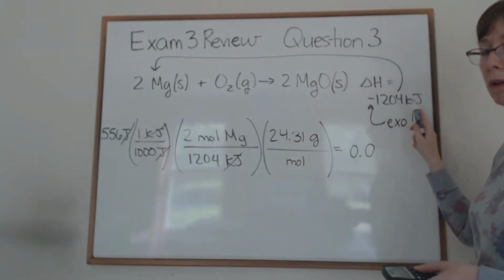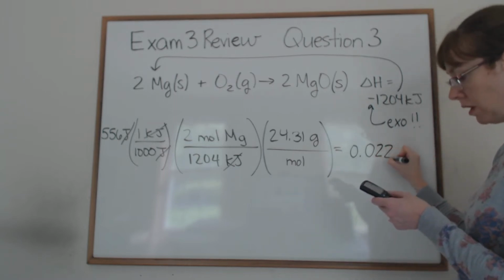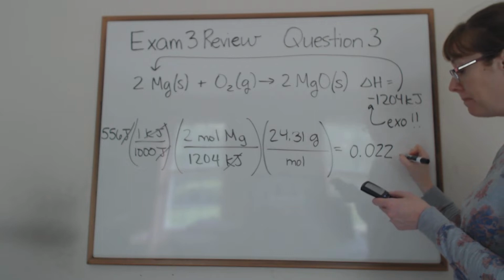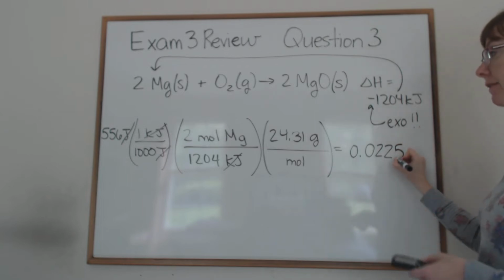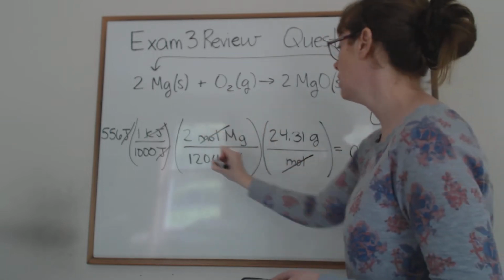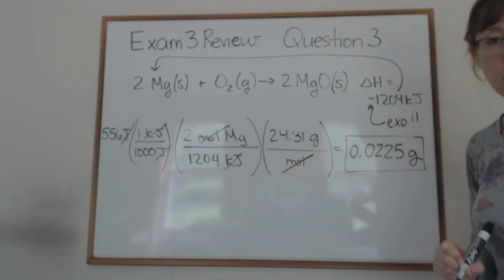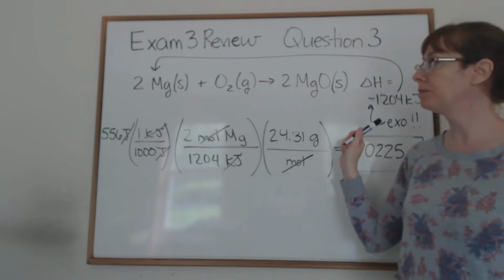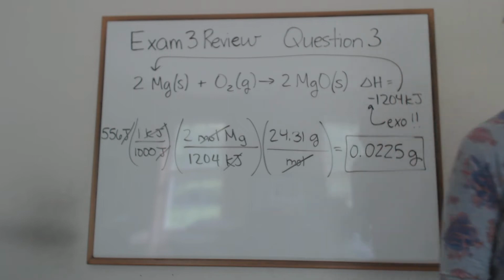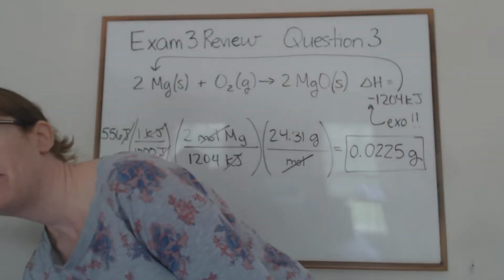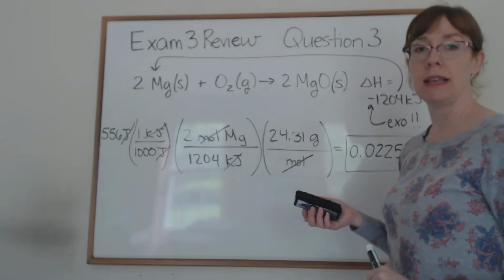This one has 4, so I'll pick 3. 0.02245, but the 5 would bump the 4 up to a 5, so that should be the right number of sig figs, and the surviving unit being grams. And that would be the right answer. So this is relating stoichiometry to heat produced. And that is a topic from the thermochemistry chapter, chapter 6, probably in the second video.